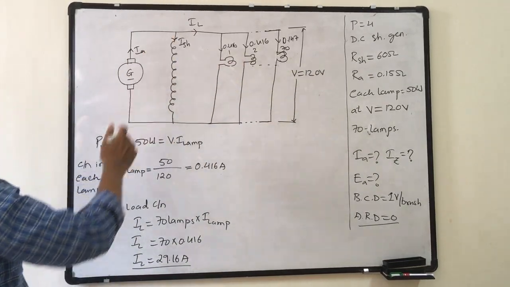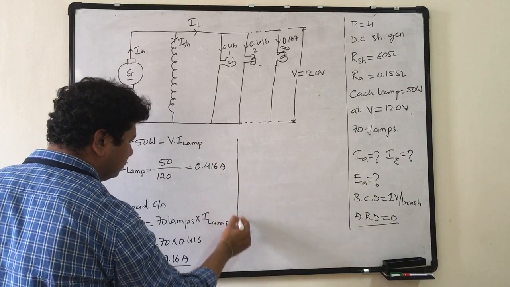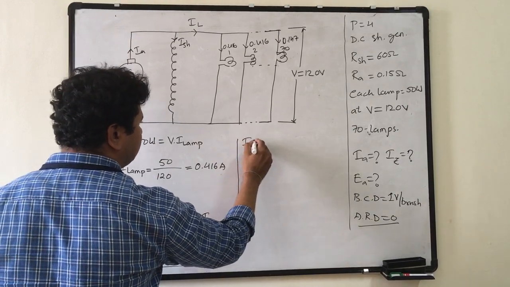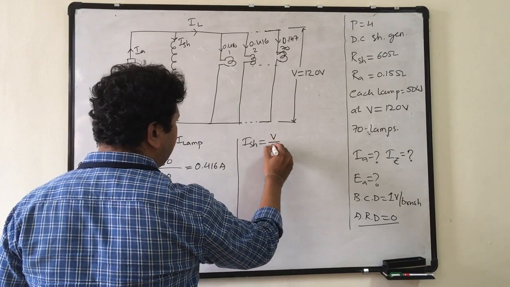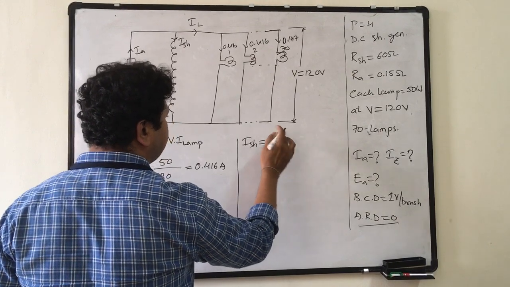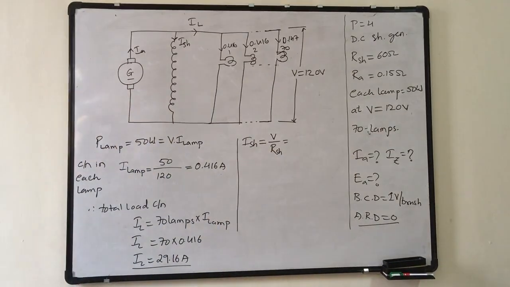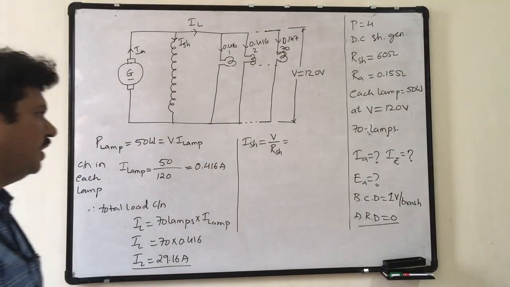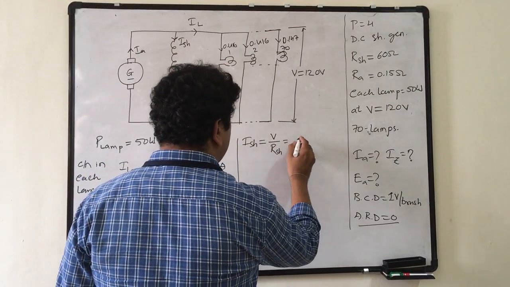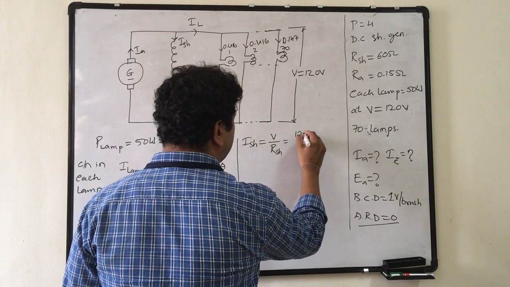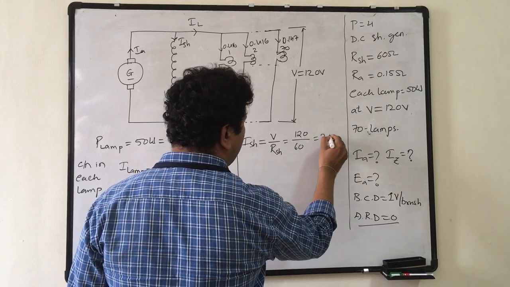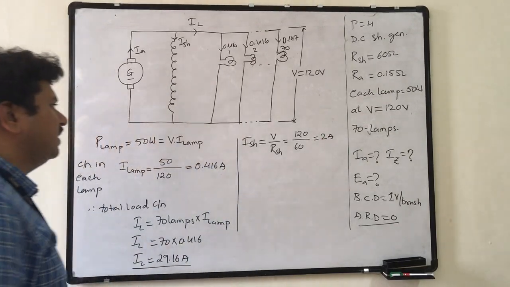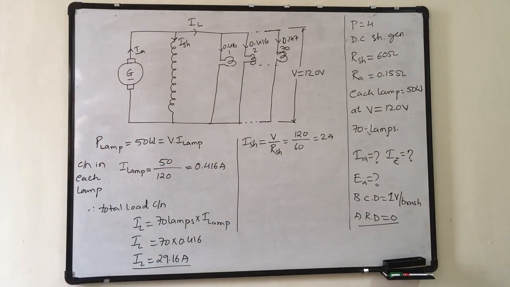What is the current in the shunt field winding? ISH is equals to V divided by RSH. Please note, it is not EA divided by RSH, it is V divided by RSH. V is 120, RSH is 60, so 2 amperes. Shunt field current is 2 amperes.